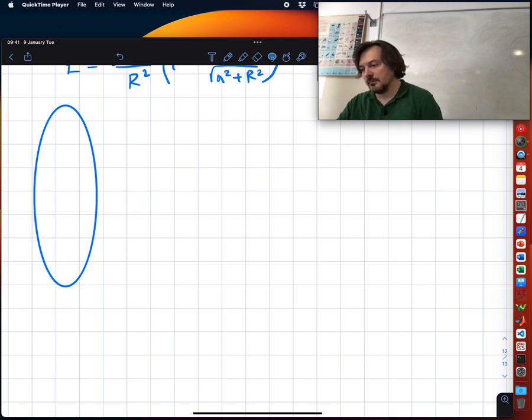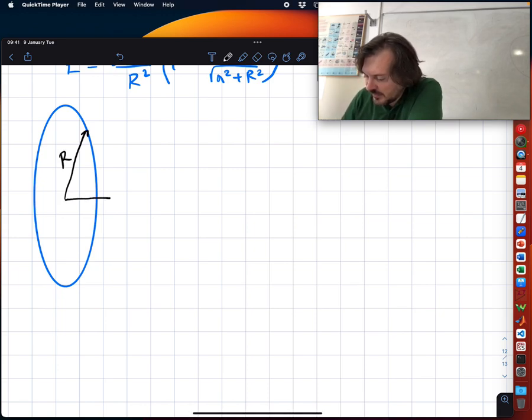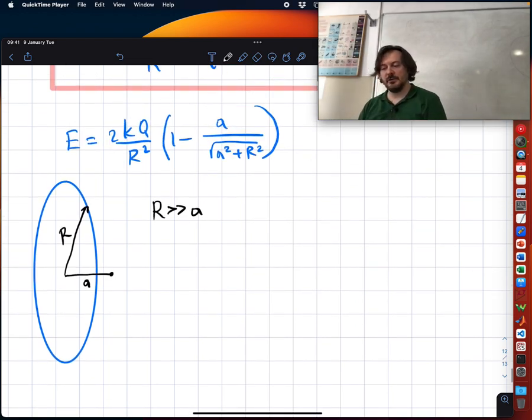Good. Now the question is, what happens if my R is much larger than my A? So imagine this R being huge. What happens to my formula?